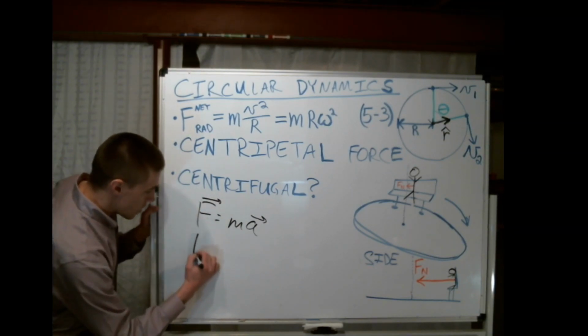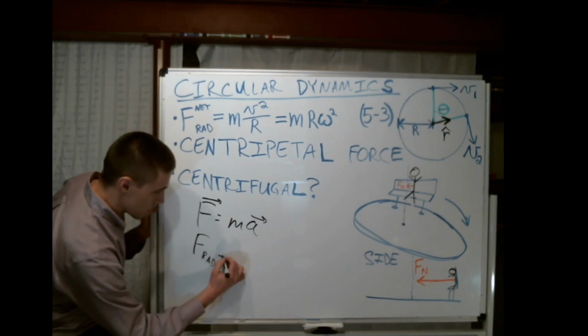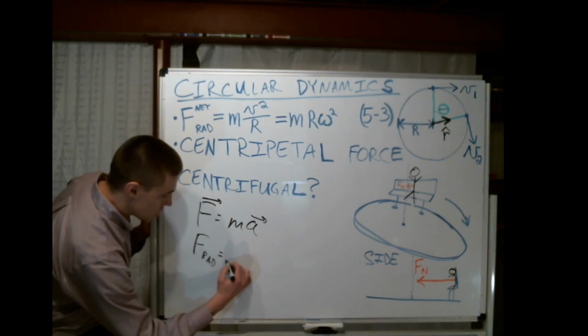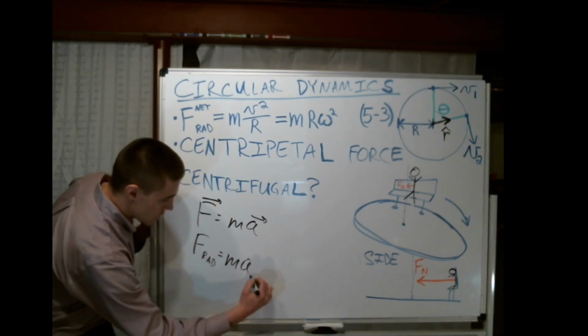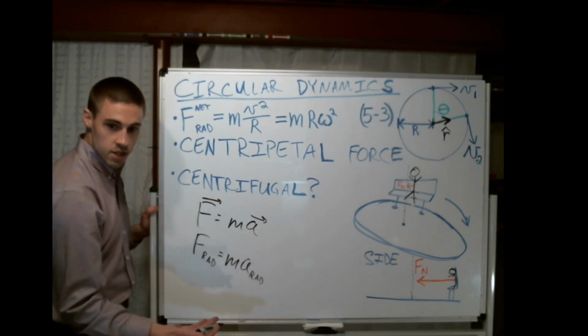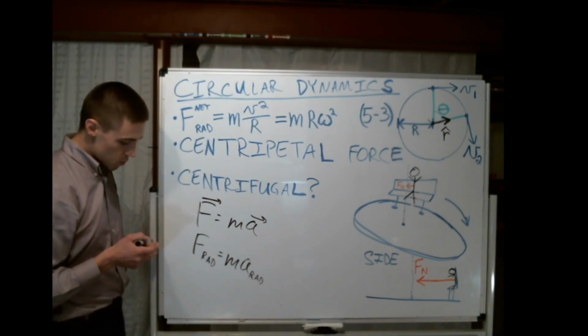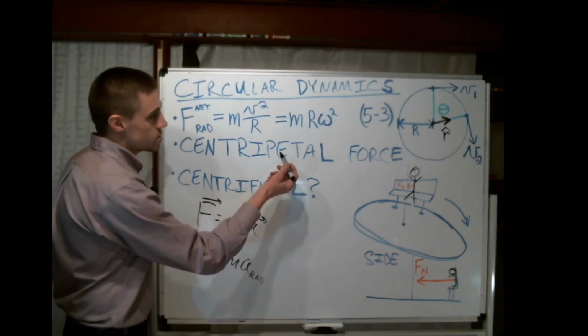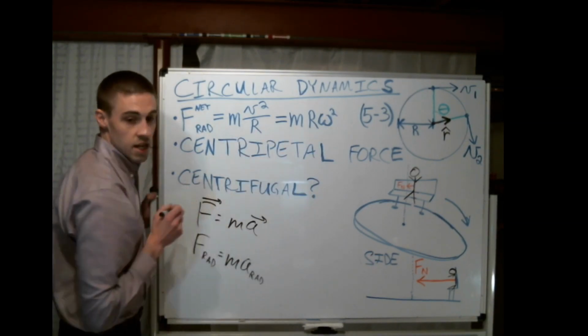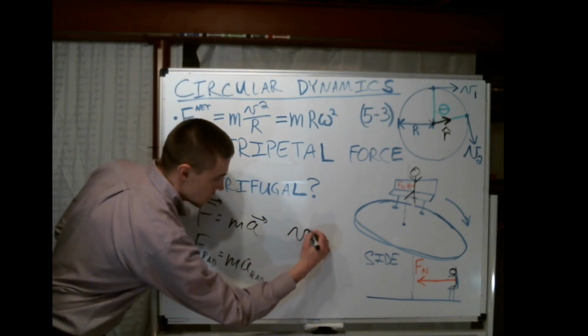So I can take the radial component of the force, and it will be equal to the mass times the radial acceleration. And the radial acceleration, as we just discussed in circular motion, is v squared over r. Very quickly, if you did want to express this in terms of angular speed instead of tangential speed, it's easy enough to convert between the two.